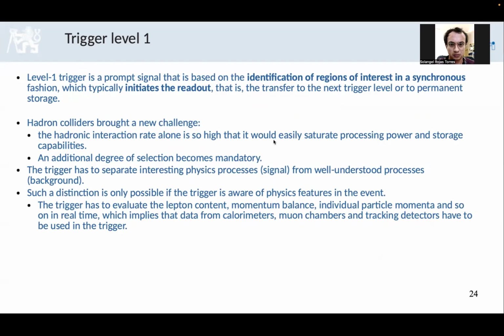It's very common that you can very easily saturate the system because of how fast the interactions occur, and you can run out of storage capabilities. So because of this, you need some degree of selection to discard the background. The trigger needs to separate background from signal.